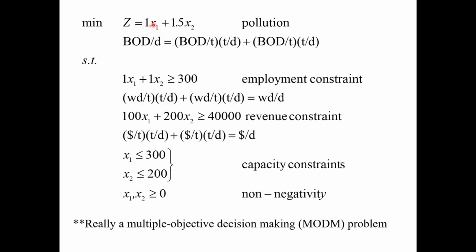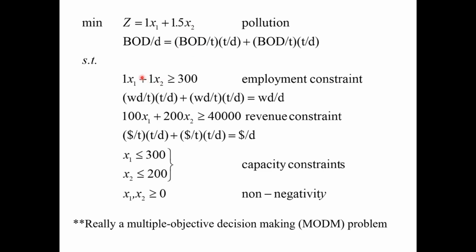So we're going to minimize pollution here. So we have 1 unit of whatever measure BOD is per ton of mechanical pulp, and 1.5 units of BOD per ton of chemical pulp.